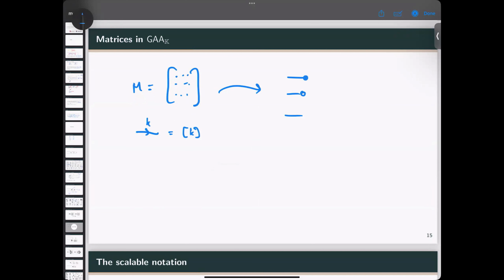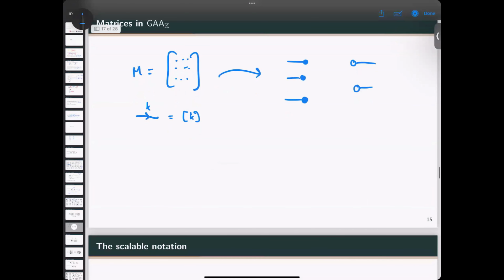Hopefully I do this the right way and not the wrong way, where I'm looking, for example, here at a matrix that goes from 3 to 2. Hopefully I did that the right way around.